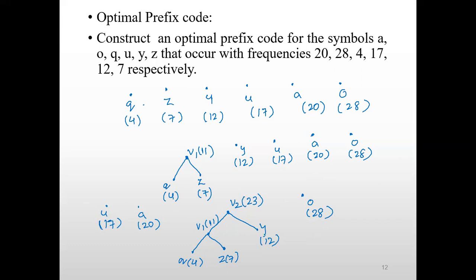Next the two minimum values are 17 and 20. So let's add 17 and 20 and assign that to the new vertex V3. So U with the weight 17, and next we have A with the weight 20. These two are the minimum values we are adding, and if you add them we get 37.